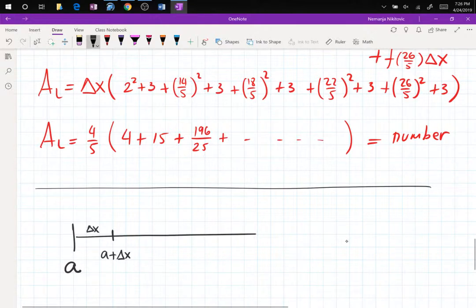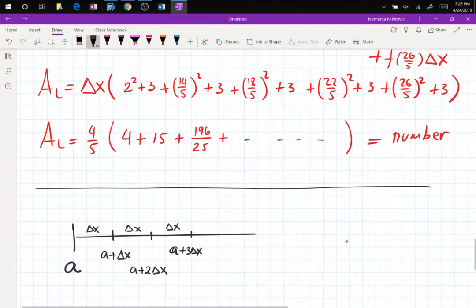So that's how I quickly come up with all of the partition. I just keep adding delta x every time. The next partition also has delta x in between, and that's going to be A plus 2 delta x. And then the next one has another delta x, so that's going to be A plus 3 delta x.